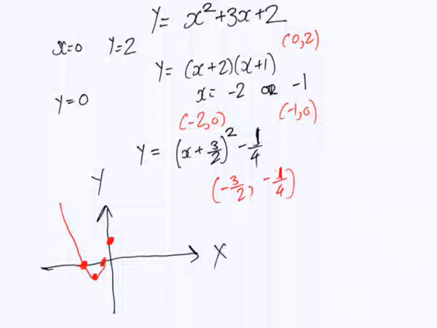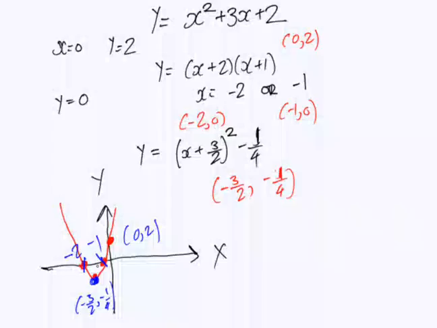Now you can actually see that this has no roots. The part I'm going to write in red, you don't need to write that down. So watch what happens if I try to find when y equals 0.